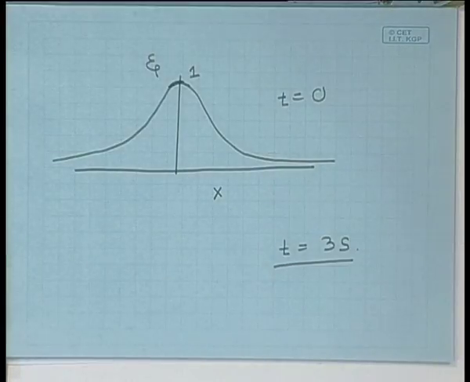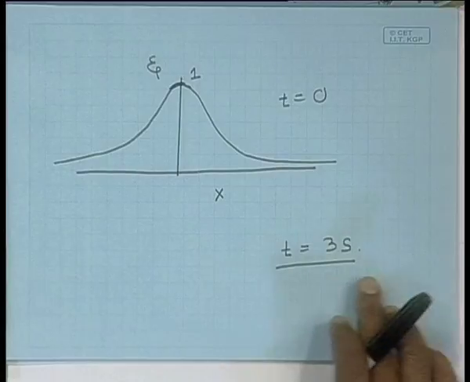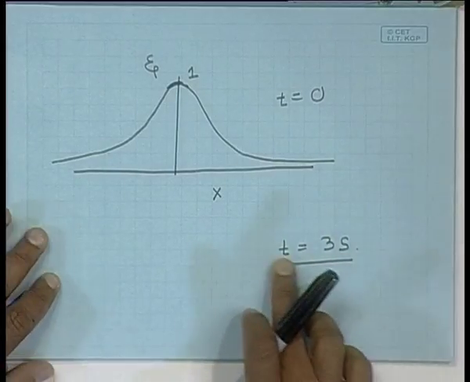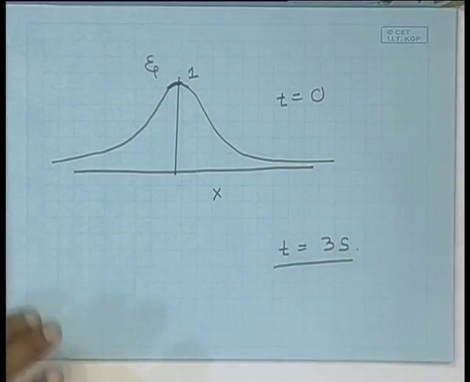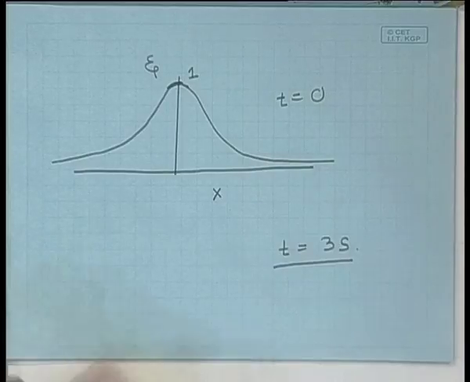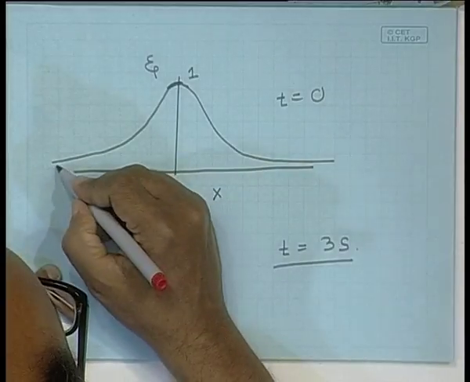So, what will happen after 3 seconds is that the whole displacement pattern would have shifted to the right by c into t, which in this case is 6 meters, because the phase velocity of the wave is 2 meters per second, and you are interested in the disturbance pattern after 3 seconds. So, the whole thing would have shifted by 6 meters.